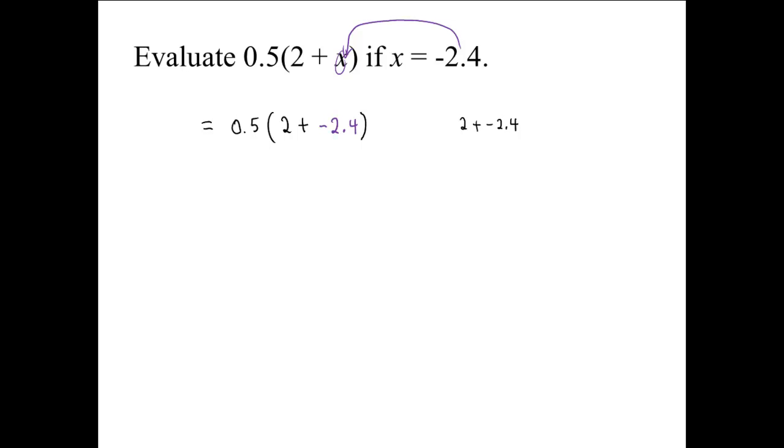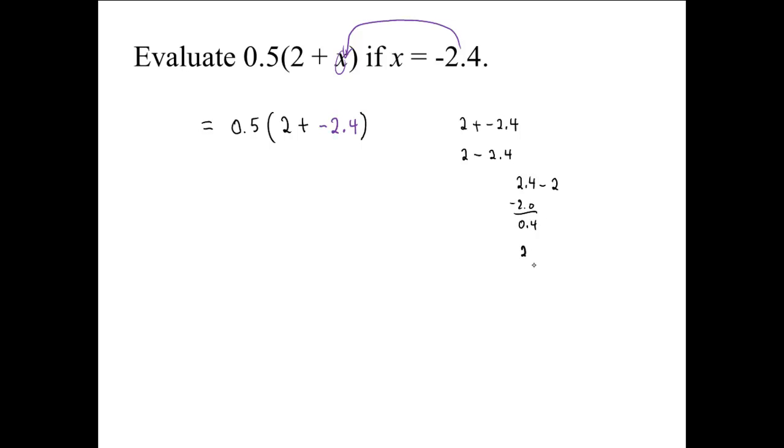There are a couple of ways to do this. First, this plus and negative can be rewritten as subtraction, 2 minus 2.4. Now here's a little trick. If we have a smaller number take away a greater number, what we can do is switch the order, take the greater, 2.4 minus 2, what will that be? 0.4.